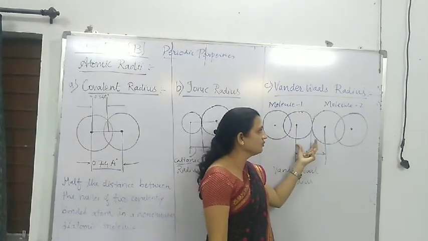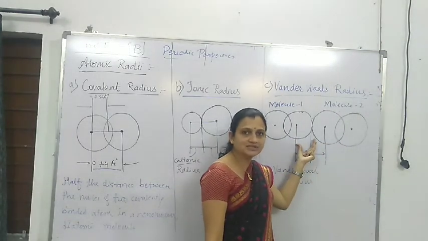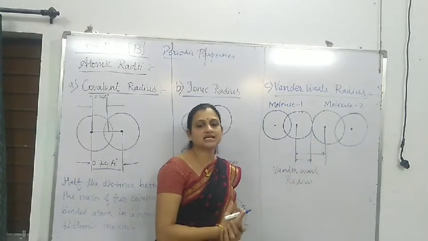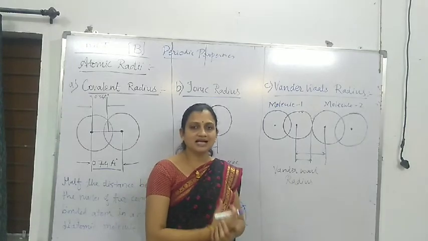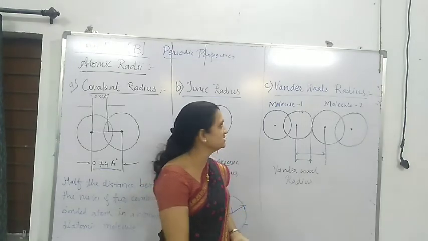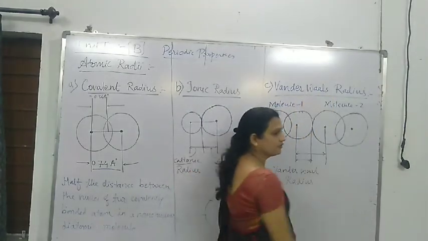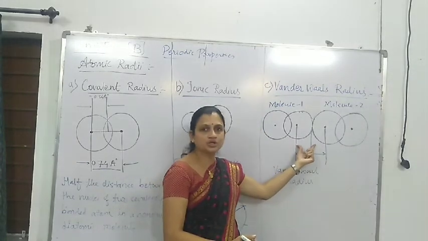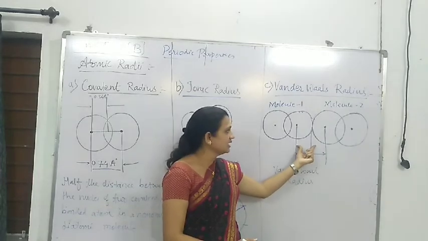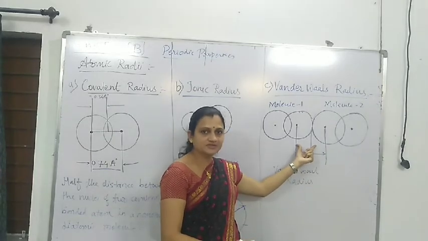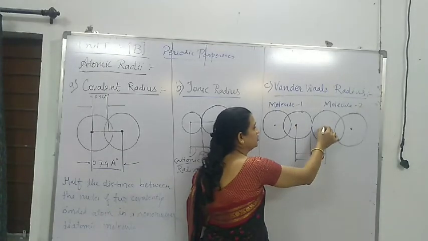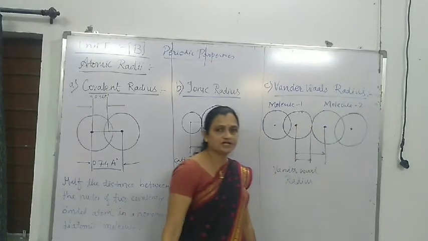So these two molecules are held together by weak van der Waals forces. जिस फोर्स से ये मॉलिक्यूल अटैच हैं एक दूसरे को, those forces are known as weak van der Waals forces. Now van der Waals radius with the help of two molecules is calculated as half the distance from the center or the nucleus of the two different molecules.